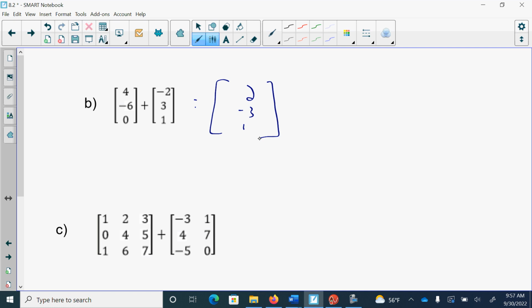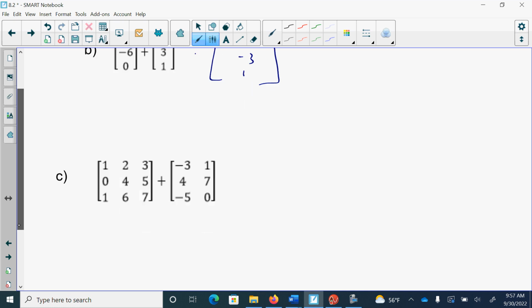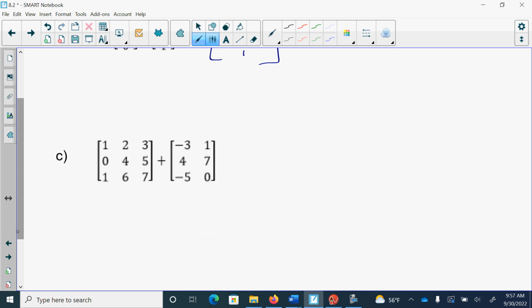Everyone got that? Yes. And then the next one, what was your sum? Yeah, it's not possible. It's not possible because this first one is a 3 by 3, the second one is a 3 by 2. Since they are not the same size, you cannot add them.